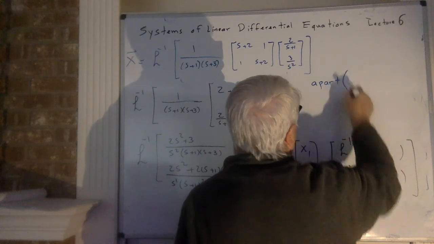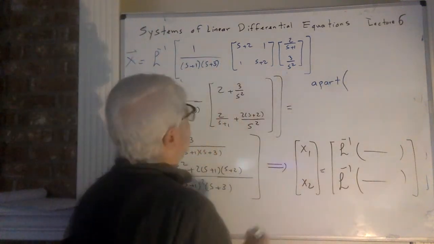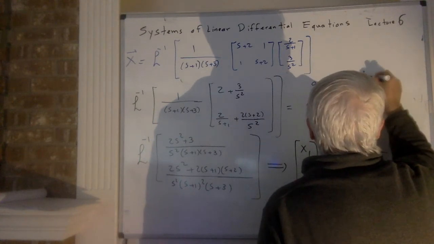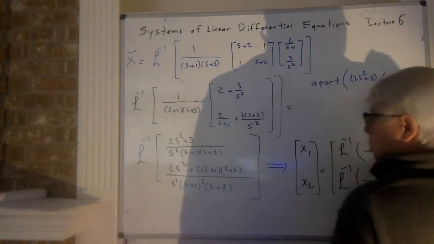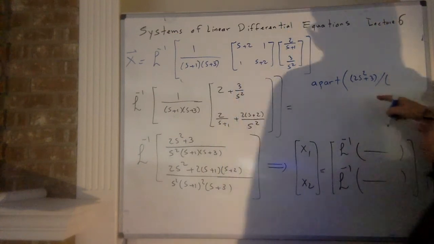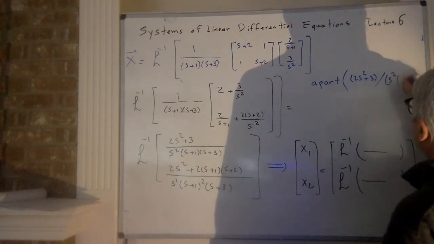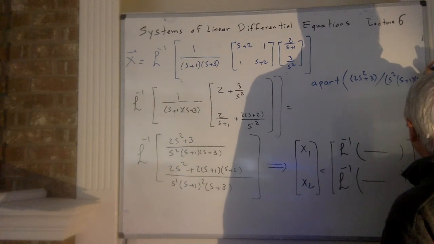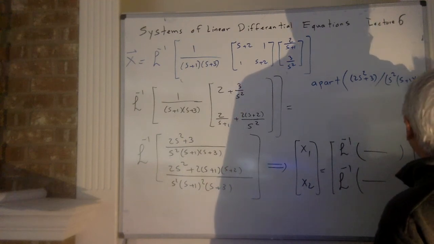So you can just say Apart, say this one for example will be something like this. 2s squared plus 3 divided by, what's the denominator, and be careful with parentheses here. s squared times s plus 1 times s plus 3. There is another parenthesis here.